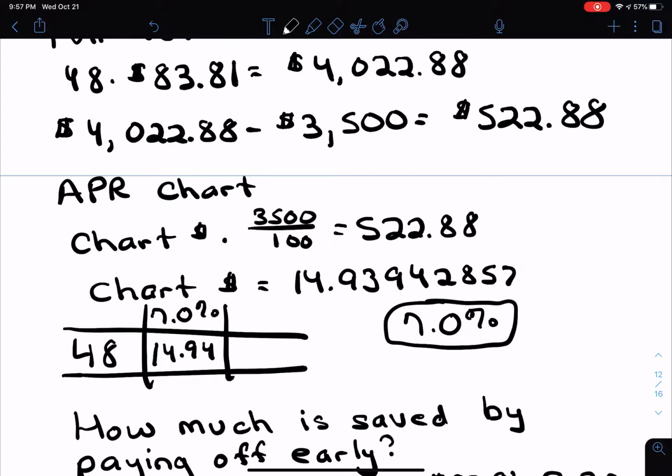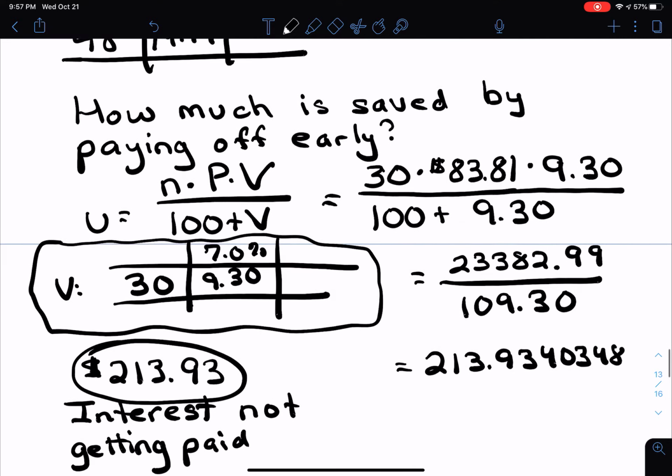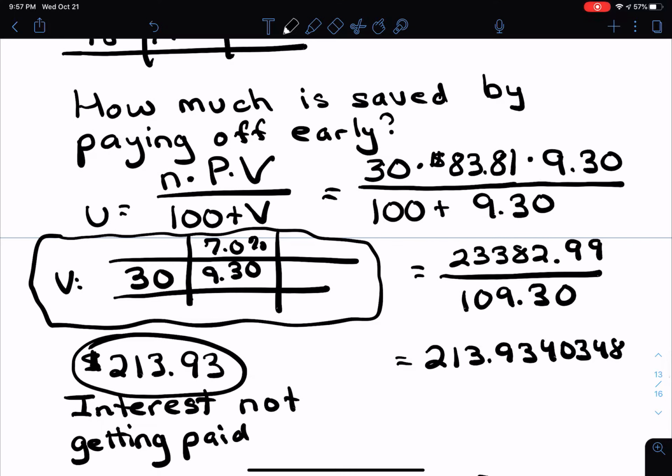We know our hundreds financed, so we divided to get the chart dollars, $14.94. Well, on the row of 48 payments, I found $14.94 under the 7.0% column. So that told me that the APR was 7.0%. All that will help me now with figuring out how much is saved by paying off early.